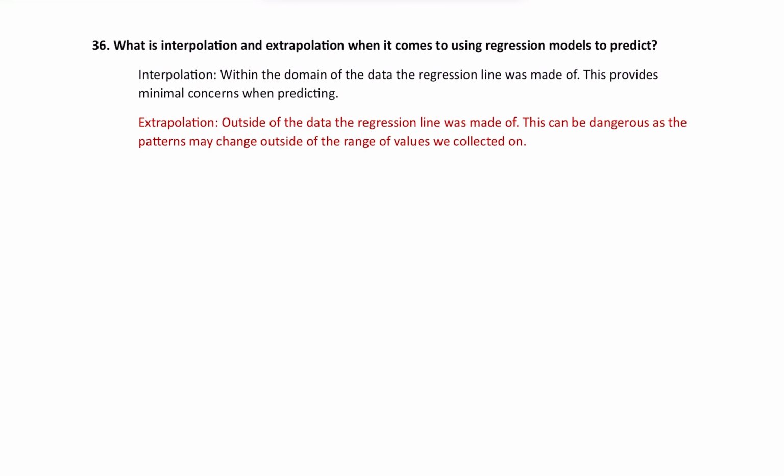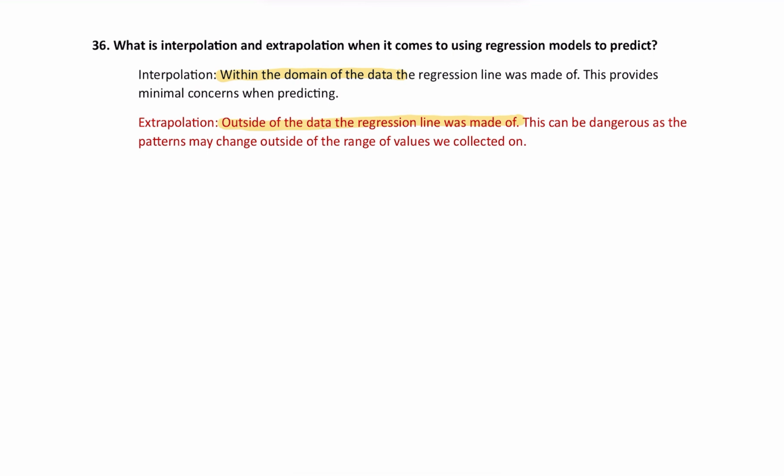What is interpolation and extrapolation when it comes to regression models to predict? Okay, so interpolation is talking about being within the domain of the data, and interpolation is what you want to do when you're predicting values in a regression model, whereas extrapolation is outside of the data that the model was made of.